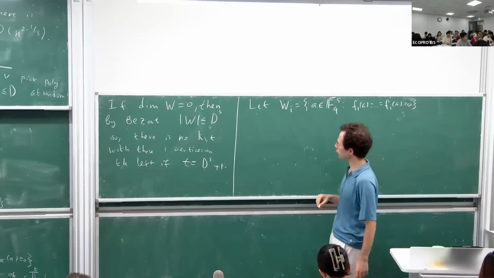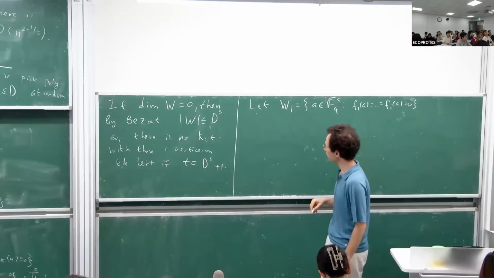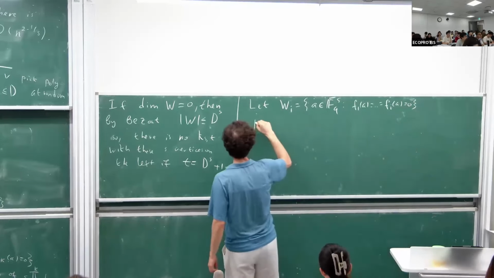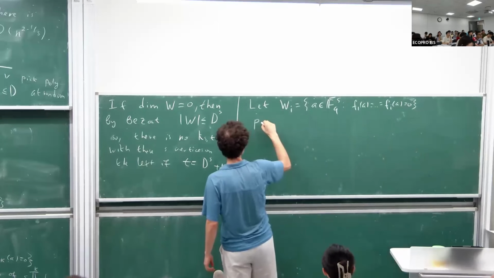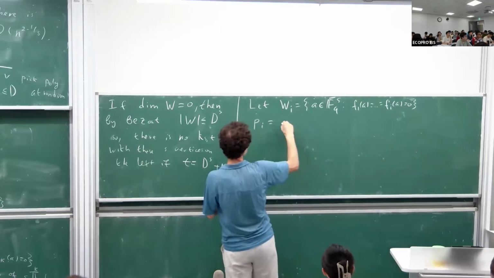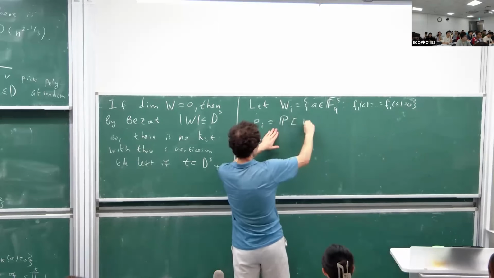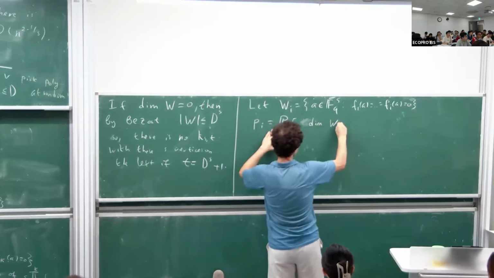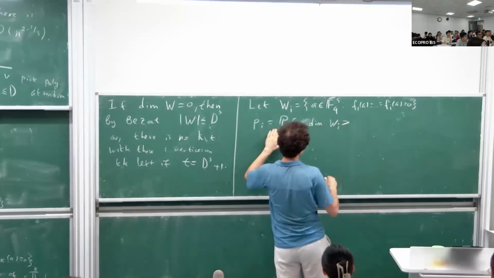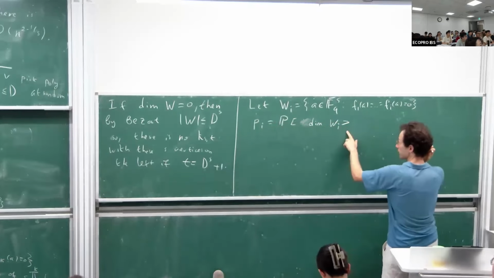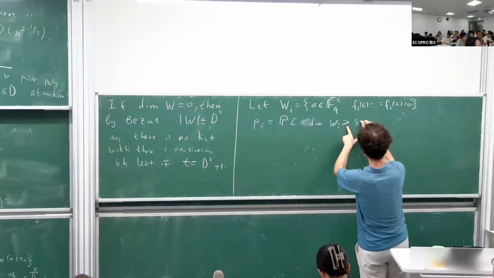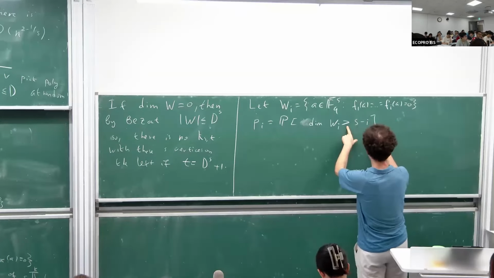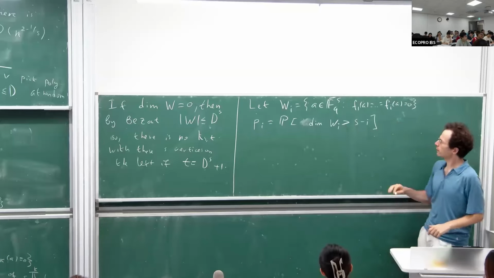And we want to estimate the probability that this Wi has too large of a dimension. So dimension of Wi is more than S minus i.